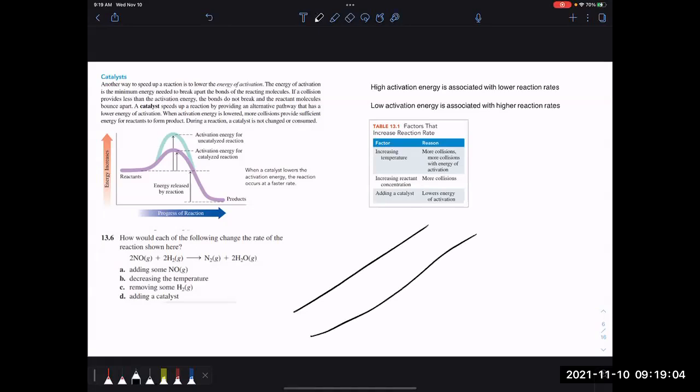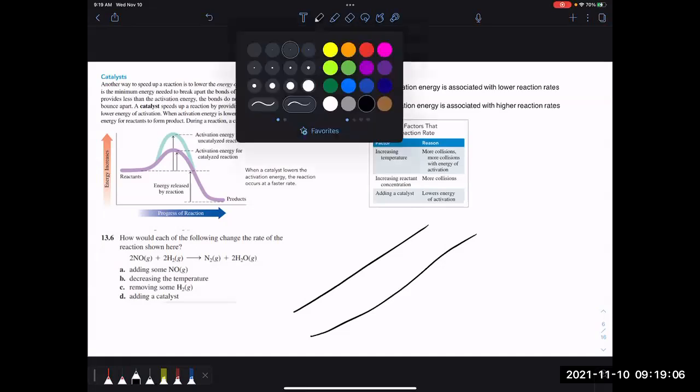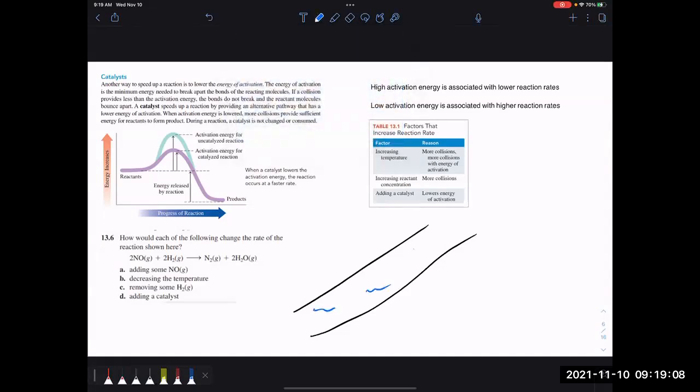Let's say we have this river. All right, so we got this river. And our reaction is people trying to cross the river. Currently, people have to hop in and swim across the river to get to the other side. That takes a lot of energy. There's not a lot of people who are going to be willing to just swim across the river.